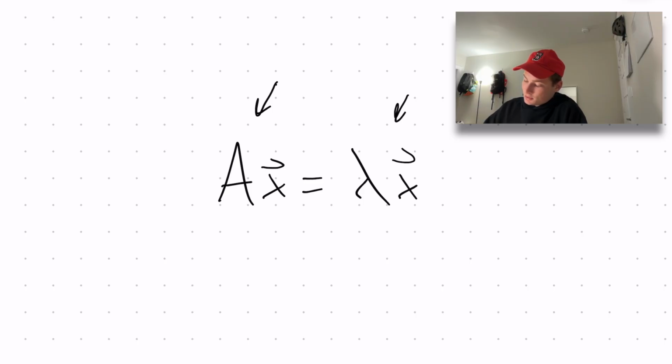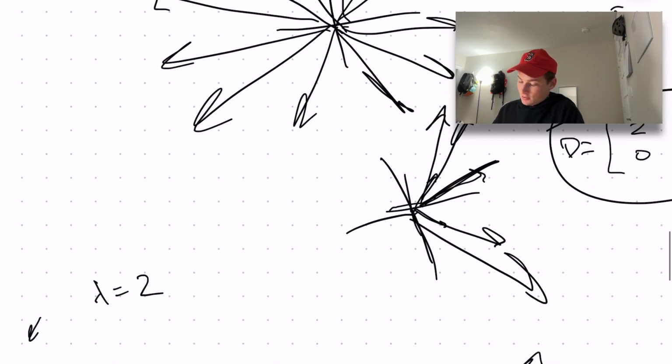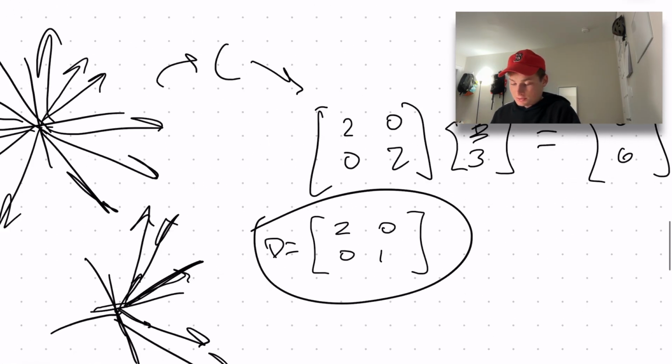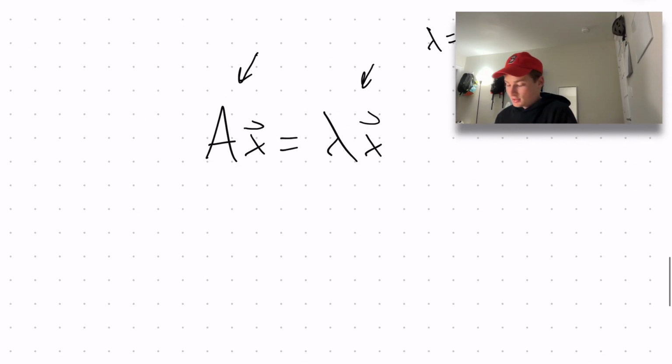So the lambda could just be 2. It's just a scalar. So you're scaling by 2. So in this first example, for any vector, applying A was the same as just scaling it by 2. And so when you're asking for eigenvectors, you're looking for all vectors x that satisfy this.